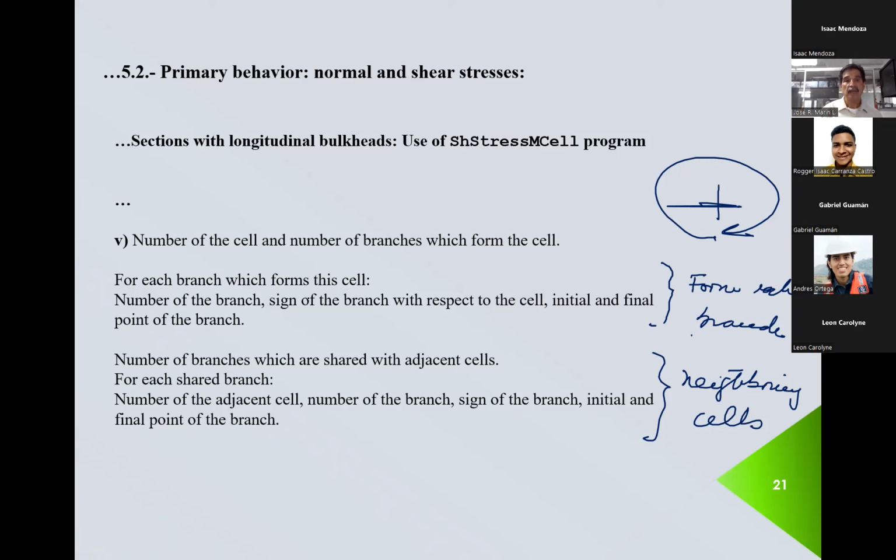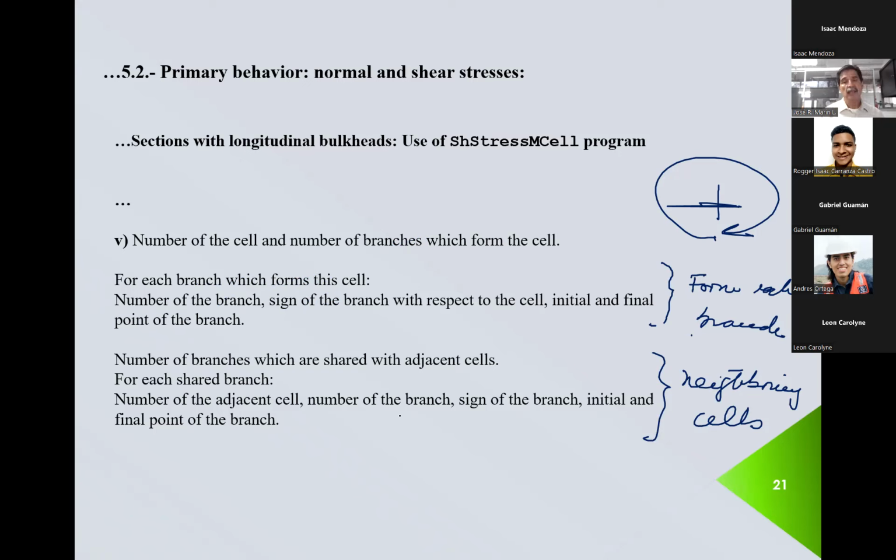We have to be careful because this is the positive direction of each cell, and each branch has been defined probably in a different direction. So we have to include the sign with which each branch contributes to form the specific cell, okay?